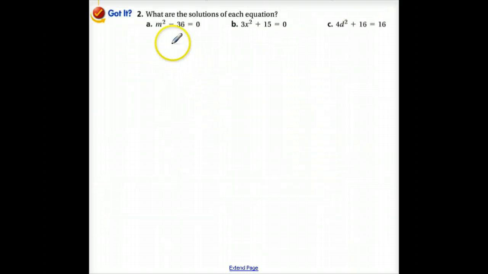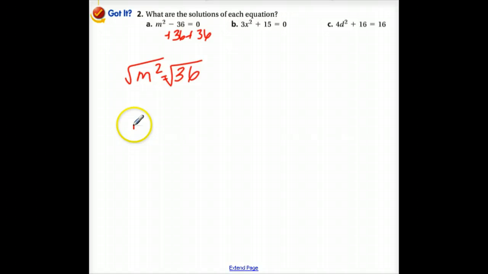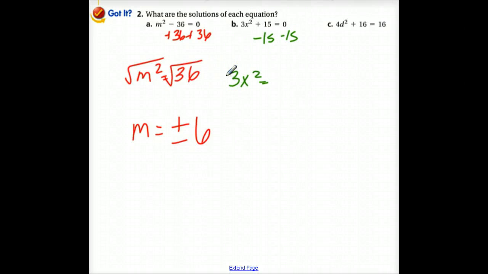I'll do some more examples. In example A, I'm going to add 36 to both sides. I have m squared equals 36. To get rid of the square, I'm going to square root. m can equal positive or negative 6. So that one has two solutions. Example B, subtract 15. 3x squared equals -15. I'm dividing both sides by 3. x squared equals -5.